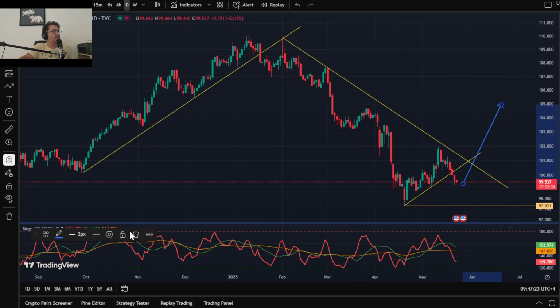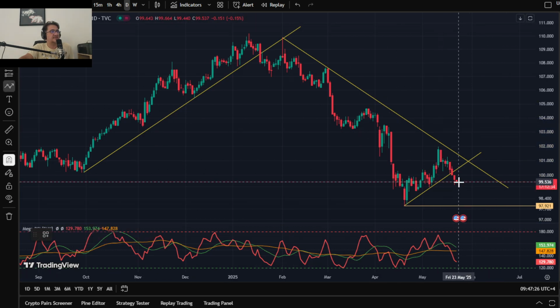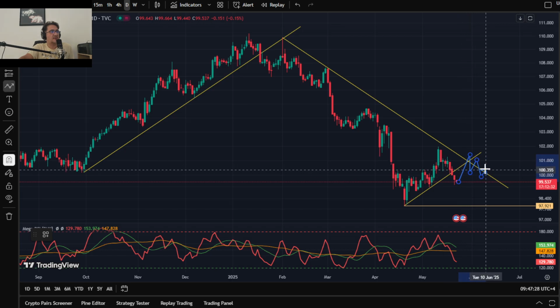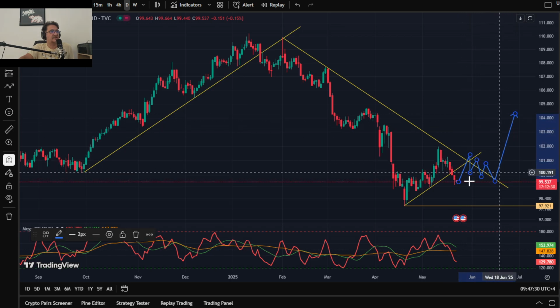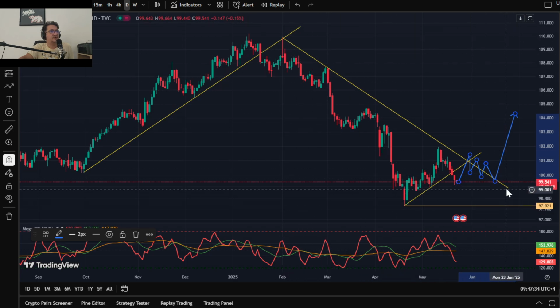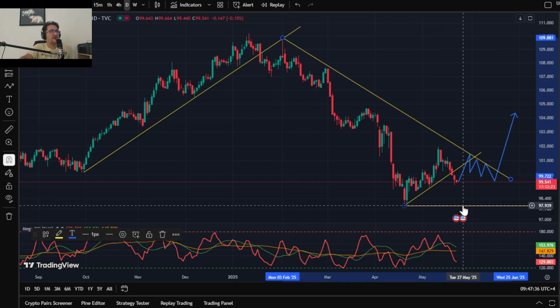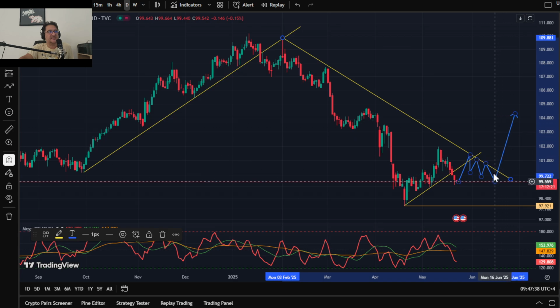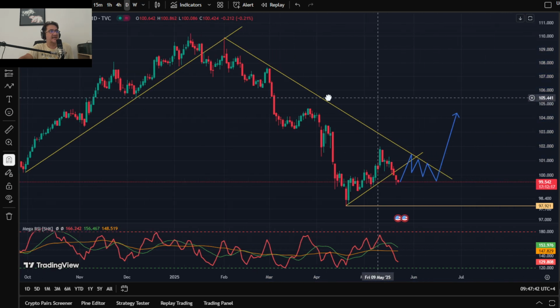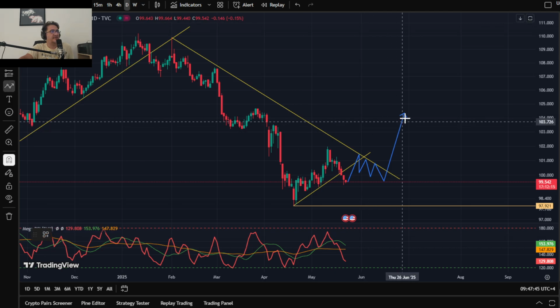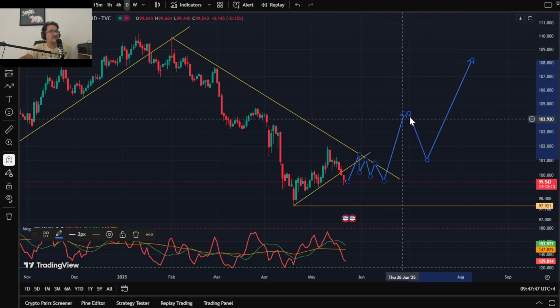But if it breaks like this, then I think we have to redraw this line to somewhere like here, because I need a strong, clear breakout, and then after that I need the pullback.